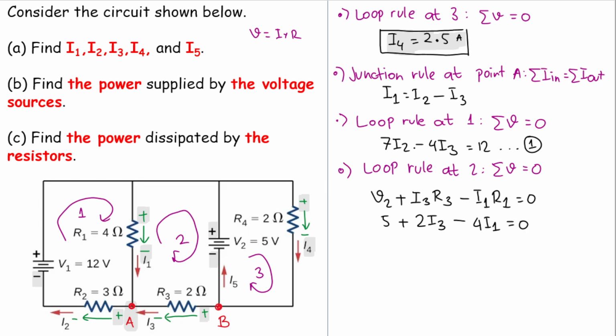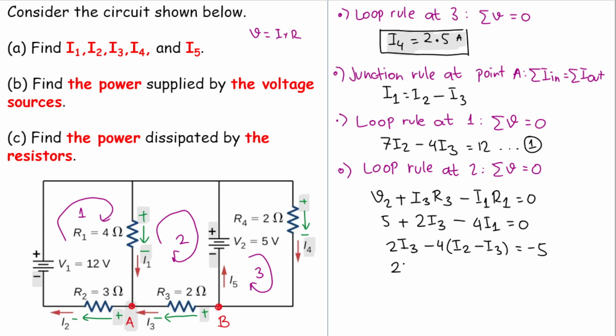And now let's plug this equation, I1 is I2 minus I3, to here. So we will have 2 I3 here, and then minus 4 multiplied by (I2 minus I3), and that will equal to minus 5. Good.